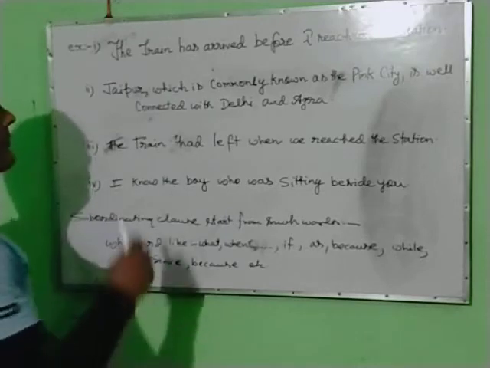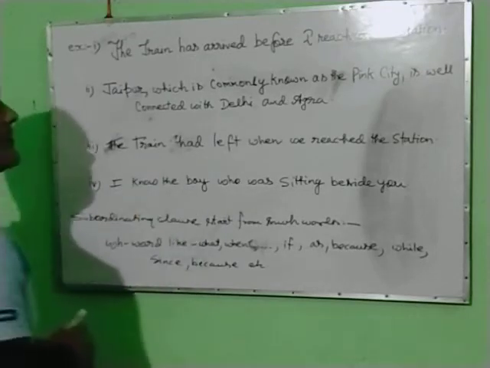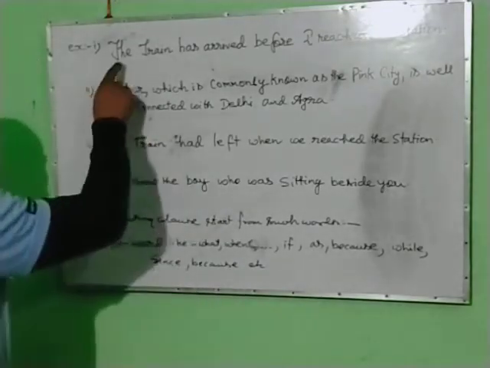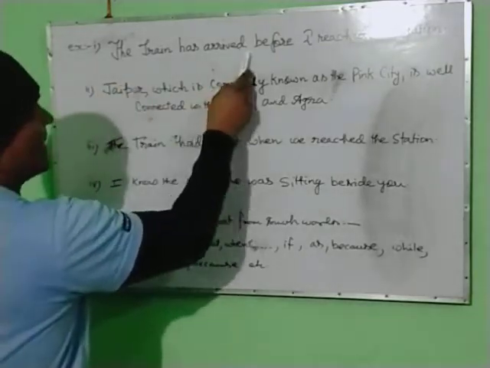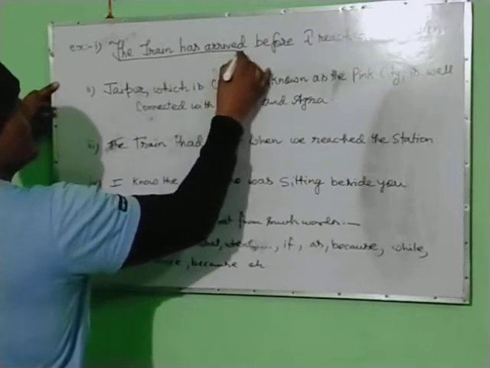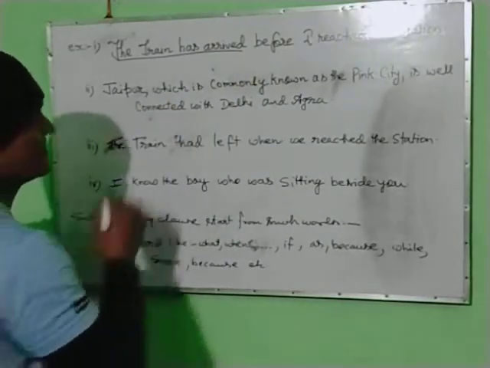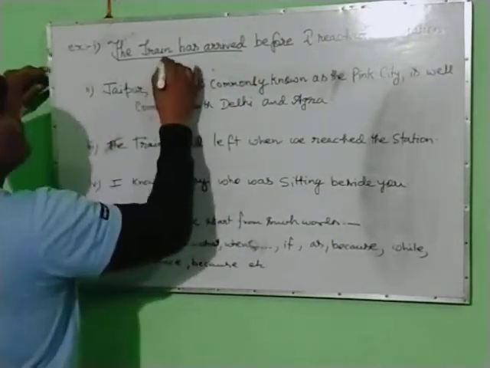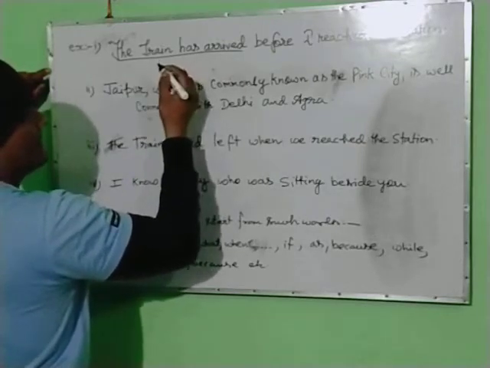We need to be a little careful to understand. Here the train has arrived. This is a sentence. First sentence: the train has arrived.